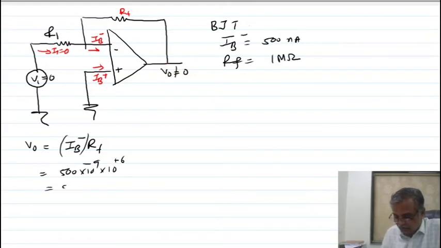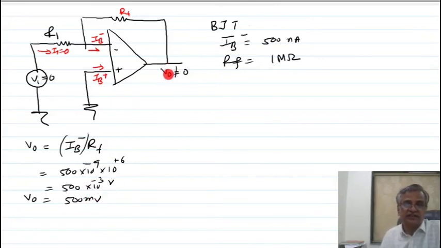So you will get 500 into 10 raised to minus 3 volt, or 500 millivolt produced at the output even though the input is 0. This is called error. This error is not acceptable when you are measuring signals of the order of millivolts.